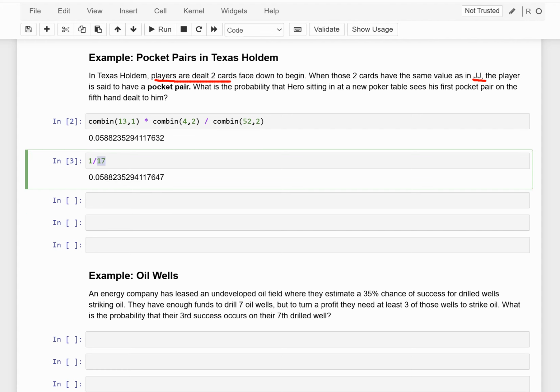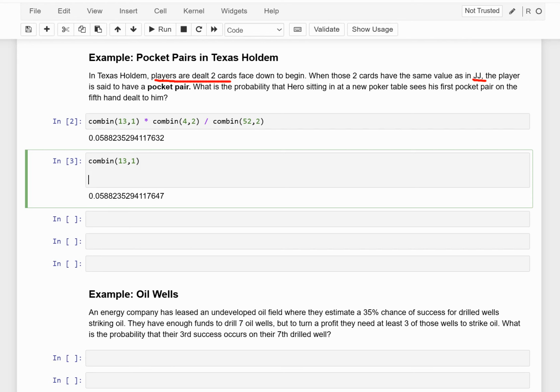How did I know that? Well, let me run some quick math for you. The first thing I'm going to say is that 13 choose 1 is 13, and 6 choose 1 is 6. Any positive integer choose 1 is just that number. And then this combination, 4 choose 2, we use it a lot.